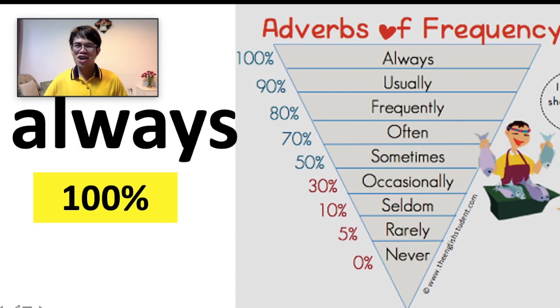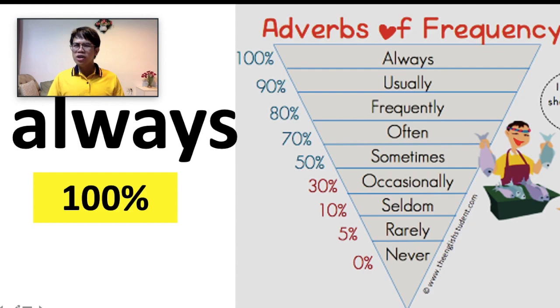Okay? So you should remember this. So I asked you, how often do you watch a movie? If you do not watch a movie at all, you never watch a movie, 0%, so you can answer never. I never watch a movie.